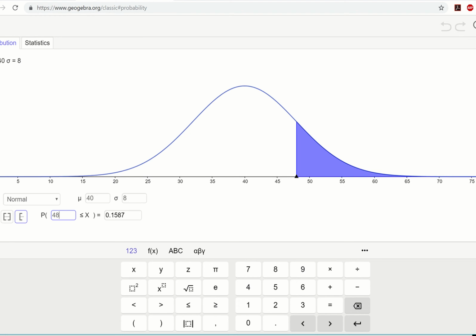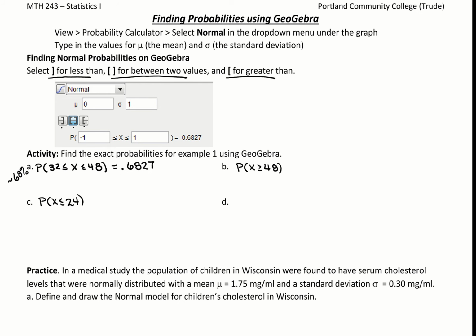And we see this 0.1587. And that's an improvement on what we found with the empirical rule, which was about 16%. So you can see they're close, and that's where the empirical rule is great for a quick estimation, but it's not totally accurate.